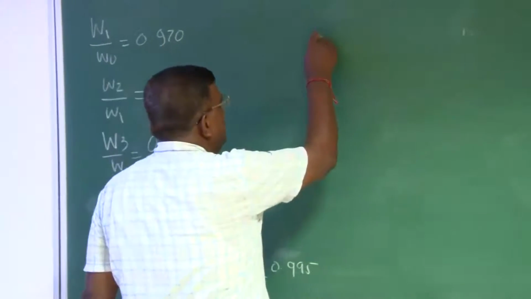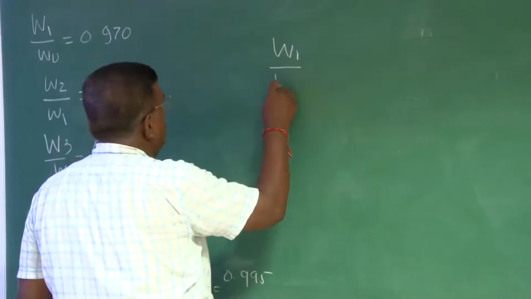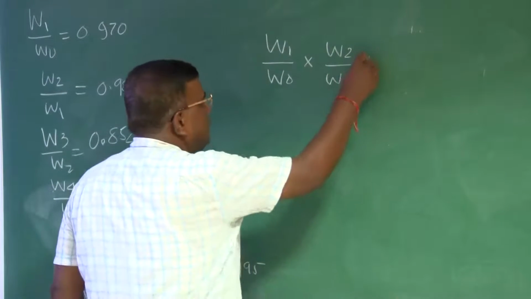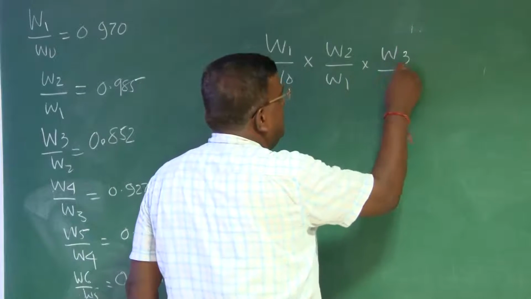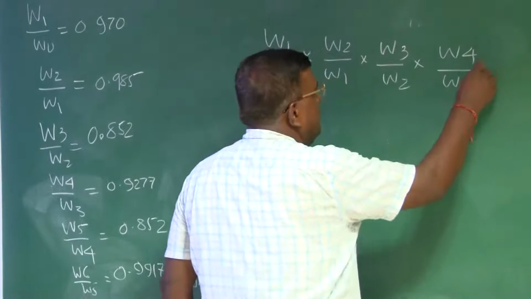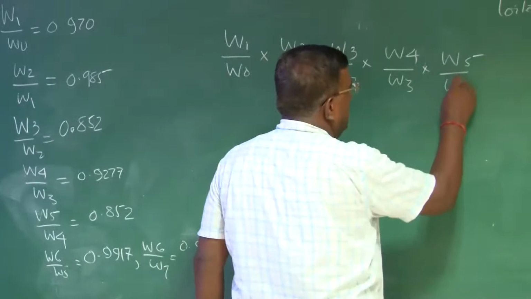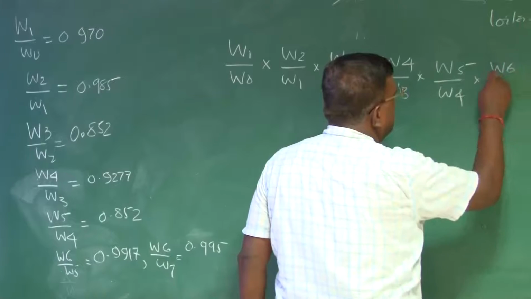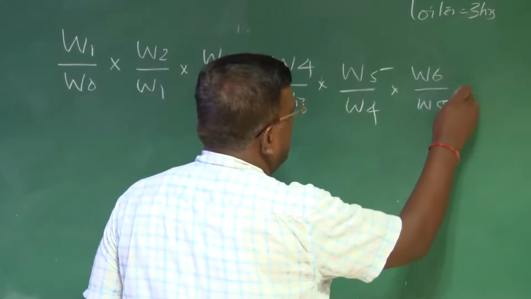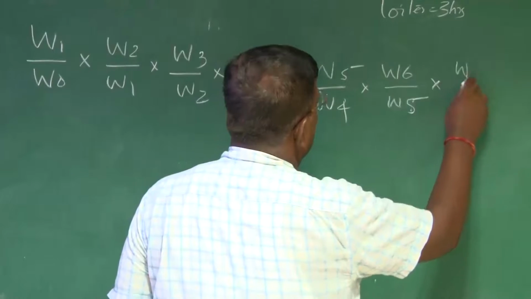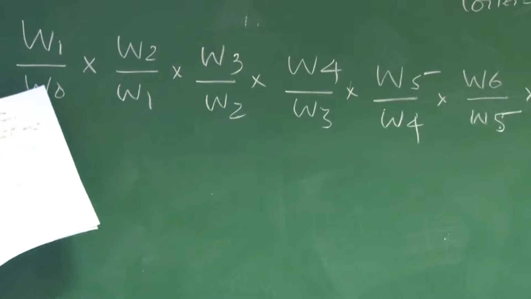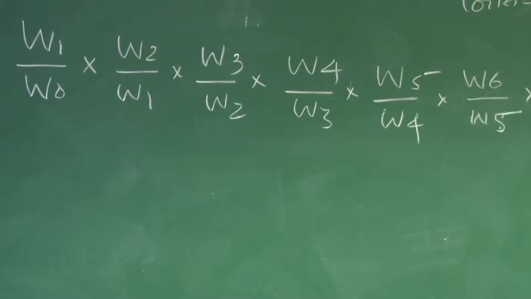Now I multiply this. W1 by W0 into W2 by W1 into W3 by W2 into W4 by W3 into W5 by W4 into W6 by W5 into W7 by W6. If I take the product of all these fractions, what finally I get?